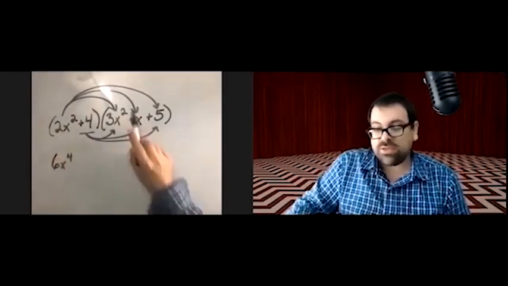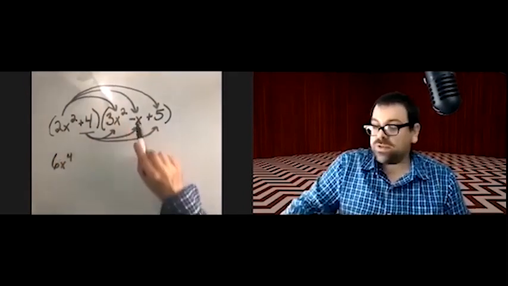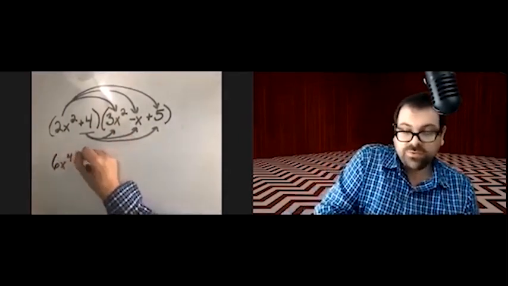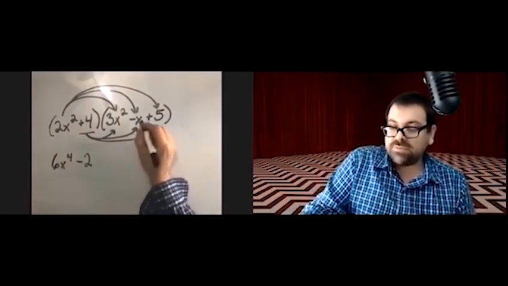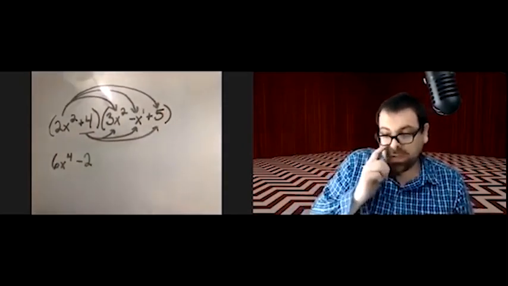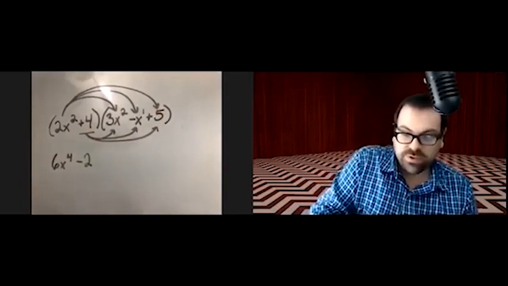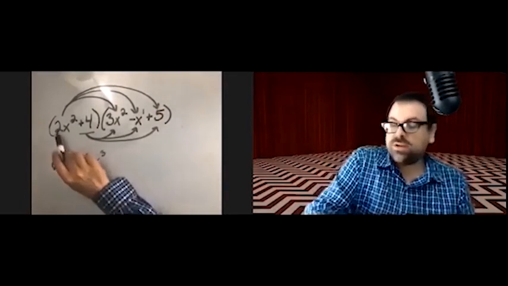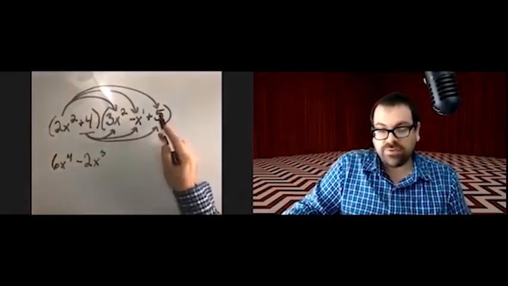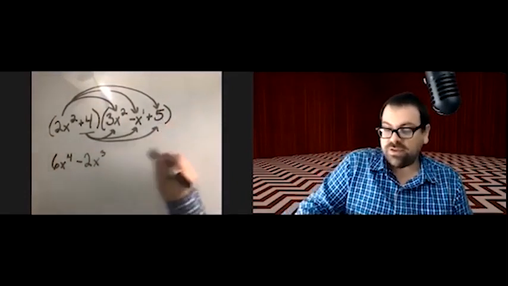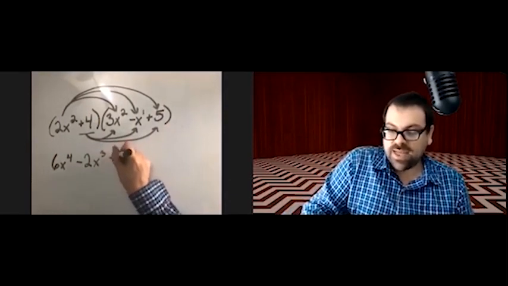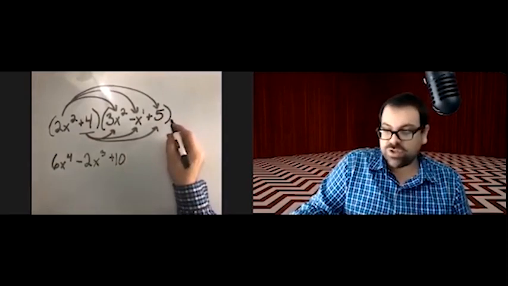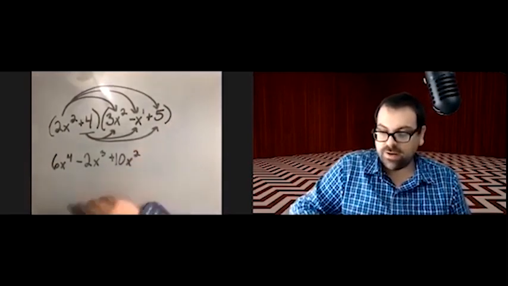Then the 2x squared times the middle. 2x squared times negative x. 2 times negative, that's going to be negative 2. x squared times x to the first would be x cubed. And then 2x squared times 5. 2 times 5 is positive 10. x squared, we don't have any x's here, so it's just the x squared we already had.